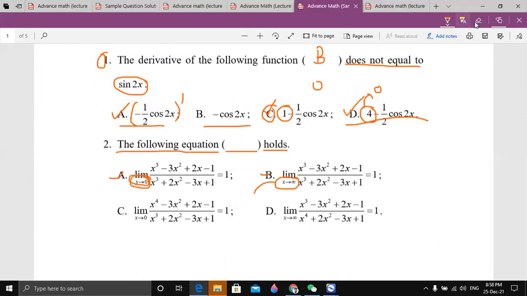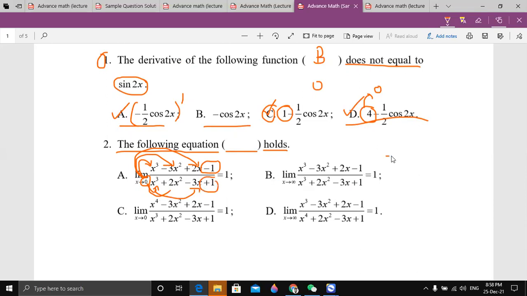So for number A, it is limit x tends to 0. So we have to plug in the value here. 0 cube means 0, and if we plug the value of x here, all these three will make 0, and we only get minus 1 here. On the downside, again, these three will make 0, and we get plus 1 here.